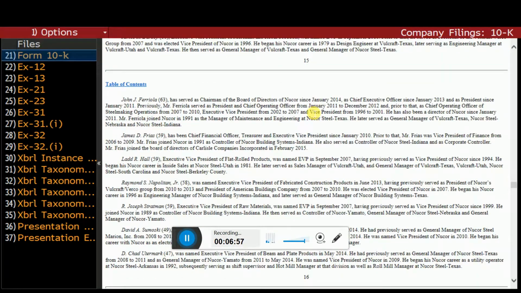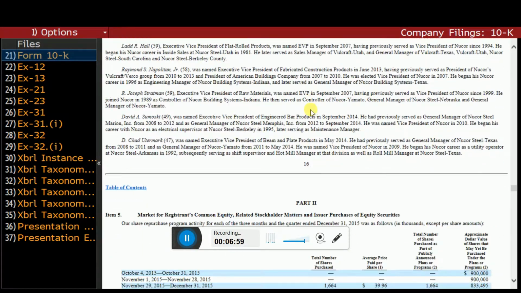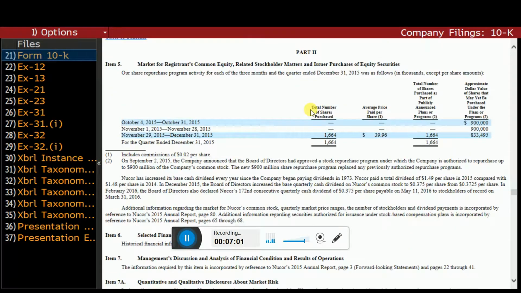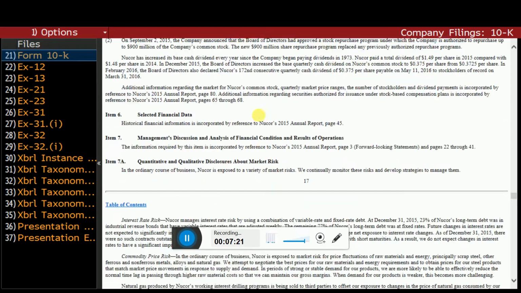So you can also look at various information about what's happening within the quarter, the dollar value of shares that may yet be purchased under plans or programs. This is common equity, so anyone can actually invest in such a stock.